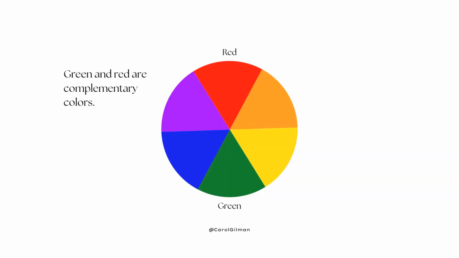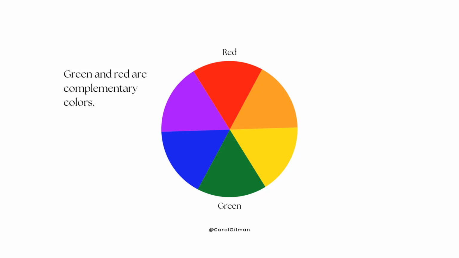And then if we go back to the color wheel, we can see that there is a color on the opposite side of green, and that's red. That's called green's complementary color. Complementary colors have no relationship with each other other than that they are opposite each other on the color wheel.